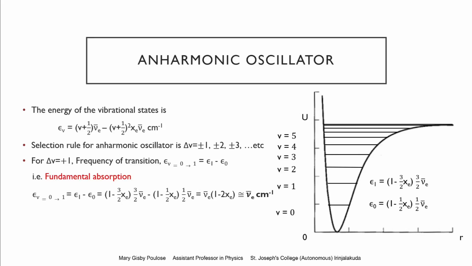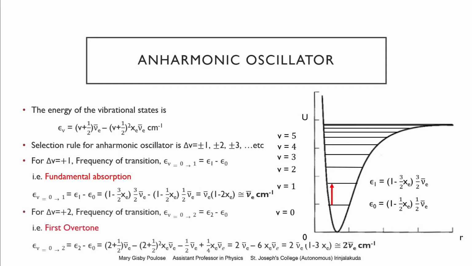Now taking nu E bar as a common term outside, we get nu E bar into 1 minus 2 Xe. Since Xe is small, we can neglect that term, and this will be approximately equal to nu E bar centimeter inverse. Now, this transition is from the 0 to 1 state as shown here by the red line.